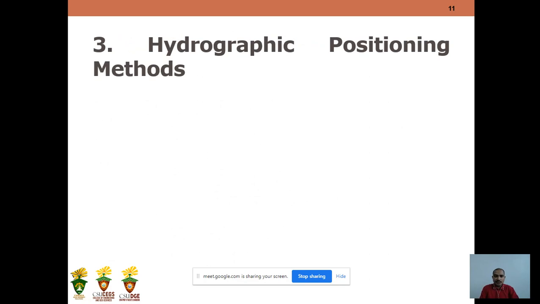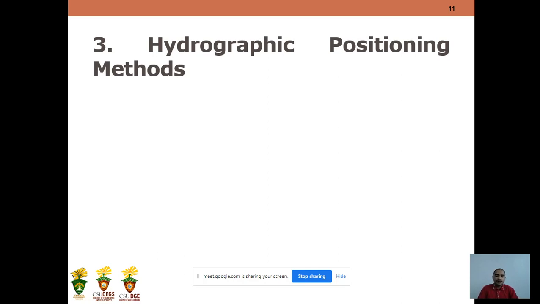So next topic, topic 3, is all about the hydrographic positioning methods. So in this part, more on solving how we can locate the certain location, since we are dealing with the water bodies, na tendency na mag-collect tag data sets nga nakasakay ta og bangka, nakasakay tag barko or baruto.